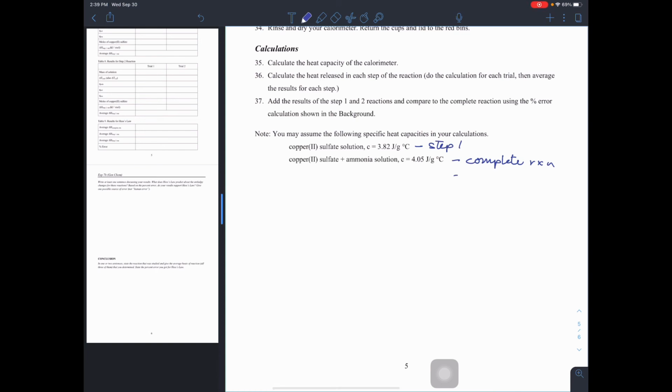And then step 2, we'll also use this because we're taking the copper sulfate from part 1 and mixing it with ammonia. So use the 4.05 for the complete reaction, and for the step 2 reaction, use the 3.82 for the step 1 reaction.